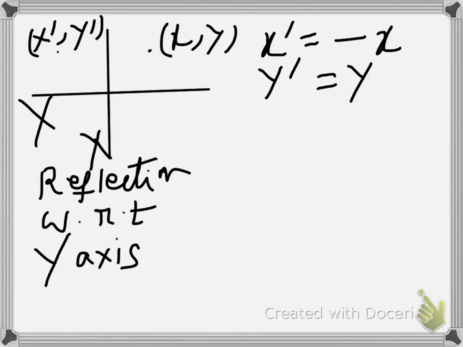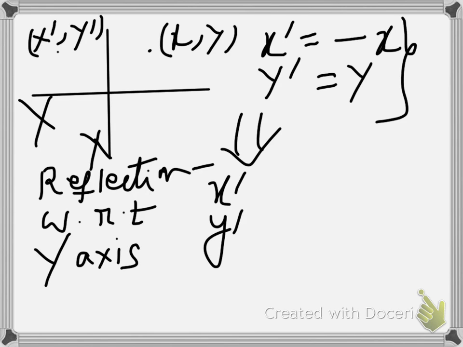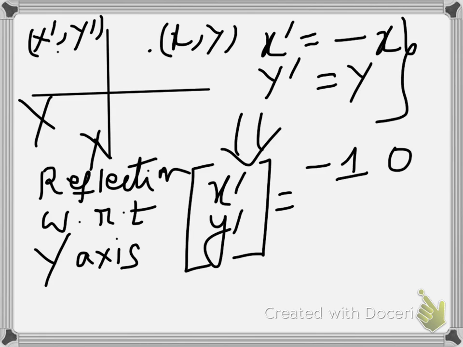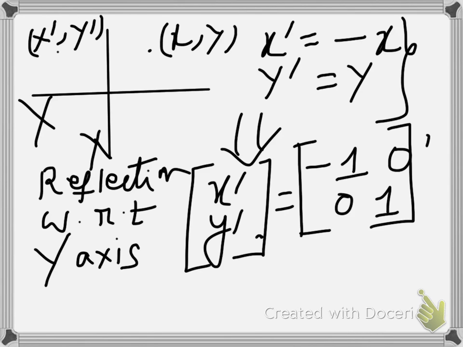And so if you convert these two equations into matrix form, you will get something like x dash y dash equals to minus 1 0, 0 1, multiplied with matrix xy.